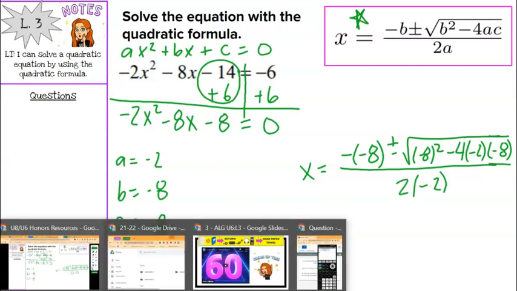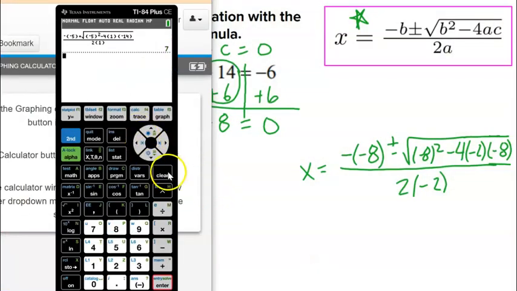Now again, we get to type this into our calculator. So first step is getting that fraction: alpha button, y equals, enter. Negative, in parentheses, -8. Again, we're going to do that plus version first.